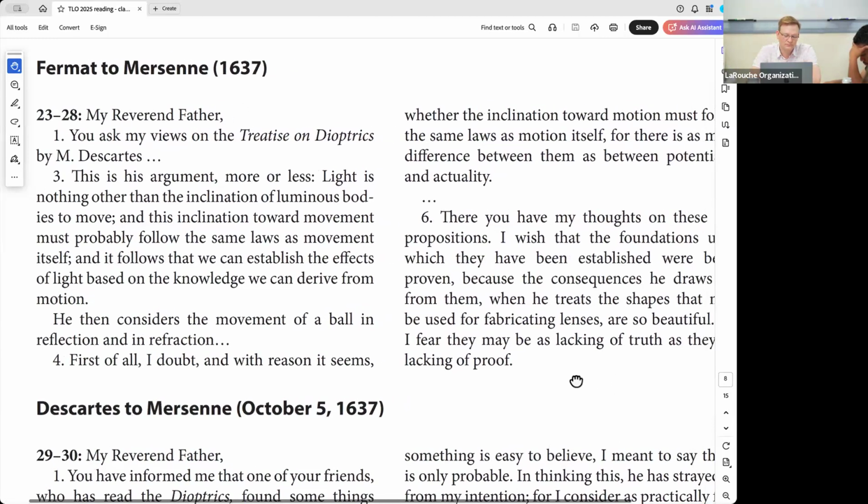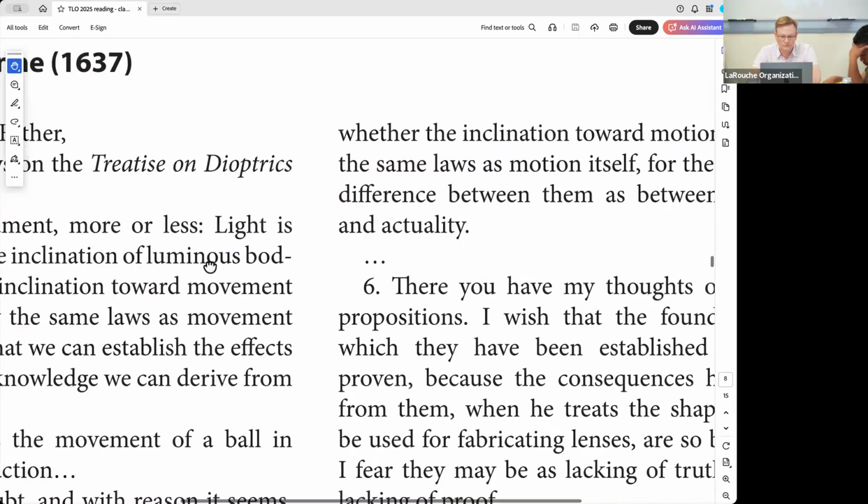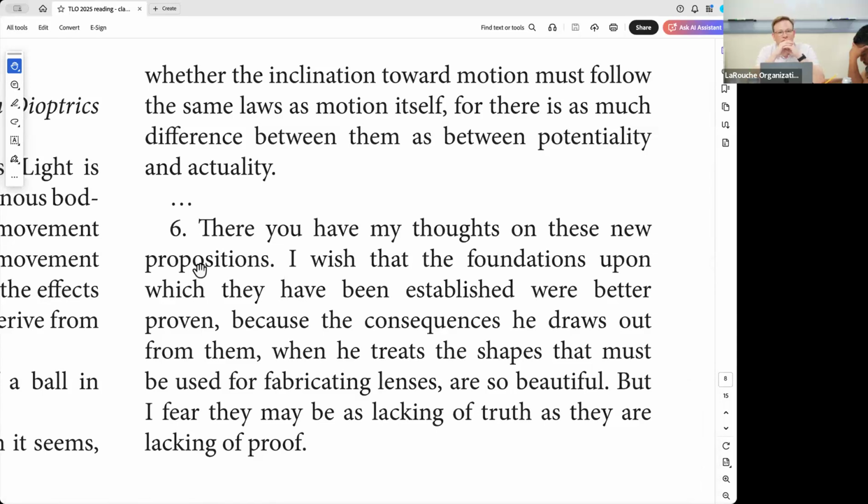First of all, I doubt, and with reason it seems, whether the inclination toward motion must follow the same laws as motion itself, for there is as much difference between them as between potentiality and actuality. There you have my thoughts on these new propositions. I wish that the foundations upon which they have been established were better proven because the consequences he draws out from them when he treats the shapes that must be used for fabricating lenses are so beautiful, but I fear they may be as lacking of truth as they are lacking of proof.